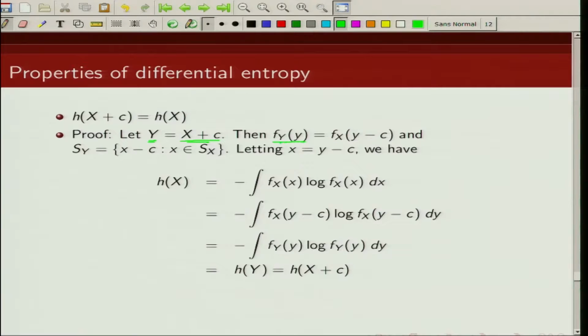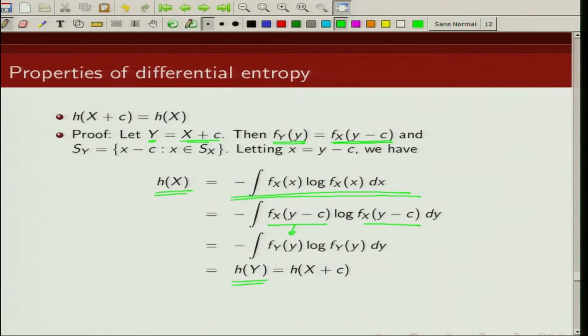We can write the density function of y in terms of the density function of x. Now we can write the differential entropy of x in this particular fashion, and x is nothing but y minus c, so this is given by this, and this is nothing but f of y.